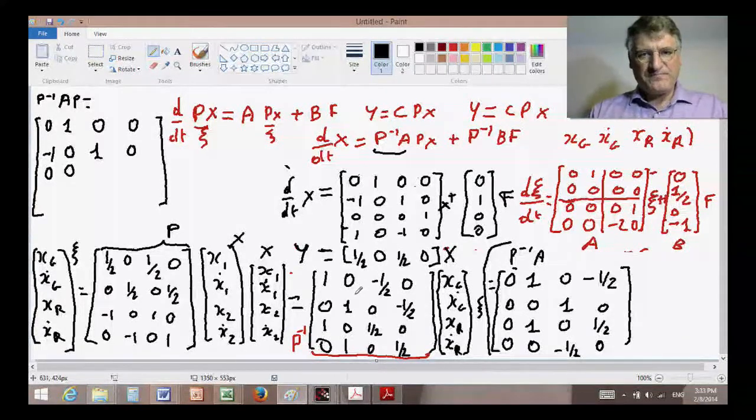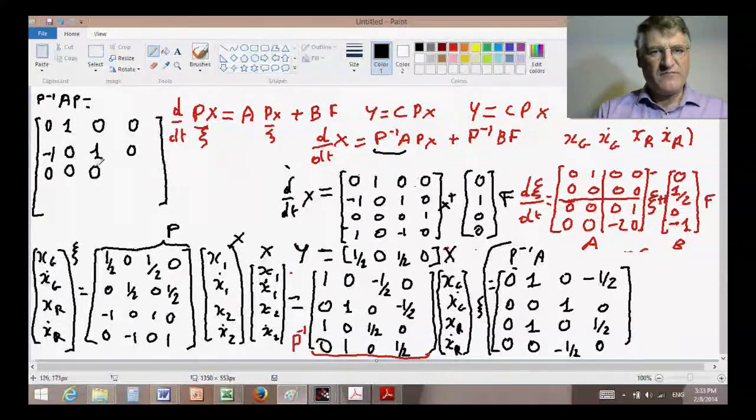Third entry, third row, 0 times 1/2 plus 0 times 1/2 plus 1 times 0 plus 0 times 1 plus 1/2 times 0, 0. Fourth entry, third row, 0 times 0 plus 1 times 1/2 plus 0 times 0 plus 1/2 times 1, 1.